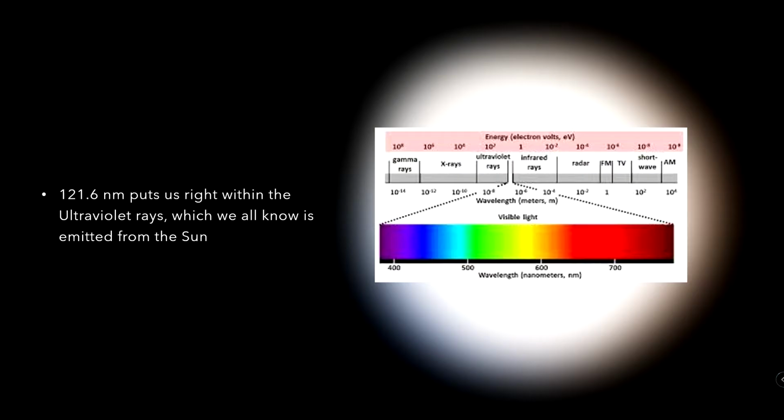Now, remember, the visible light is something I talked about earlier. 121.6 nanometers is not visible light. It's actually just outside of it. It's ultraviolet light, or ultraviolet rays, which is fine for what we're talking about, which is the sun. Everybody knows UV. You've got to put sunscreen on, protect yourself from the UV that the sun emits.